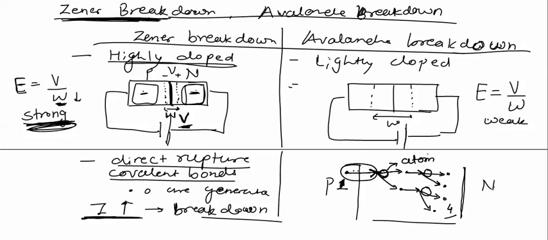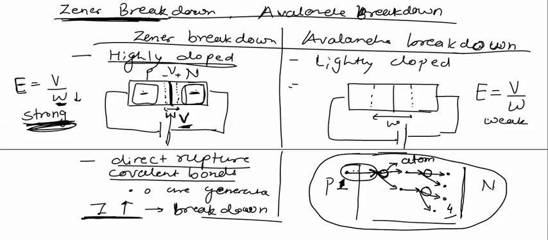So in this process we are generating charge carriers gradually, collision after collision. This one electron is converted into four electrons. This is called avalanche multiplication, and if charge carriers are generated due to avalanche multiplication, the breakdown is called avalanche breakdown.